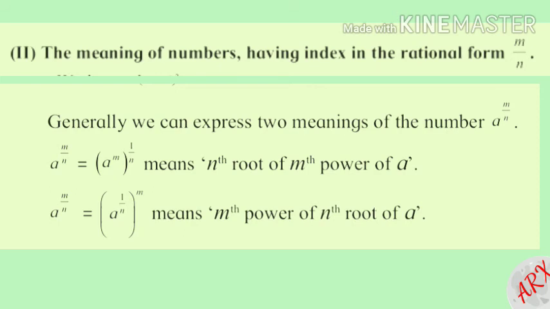A raised to m upon n equal to a raised to m in bracket raised to 1 upon n means nth root of mth power of a, or a raised to m upon n equal to a raised to 1 upon n in bracket raised to m means mth power of nth root of a. Some more examples we will learn in practice set 3.2.